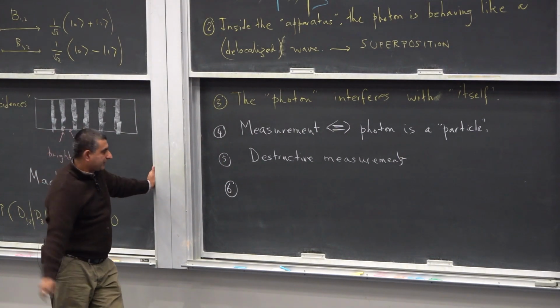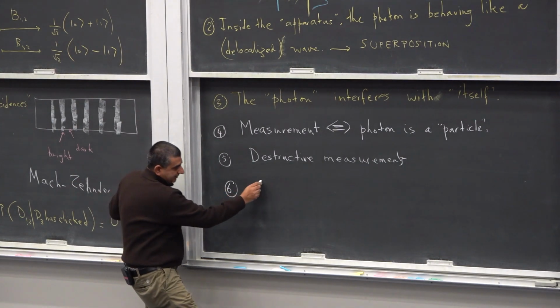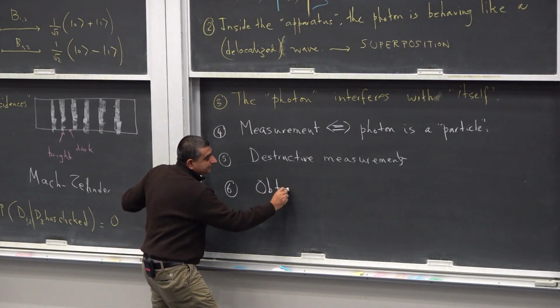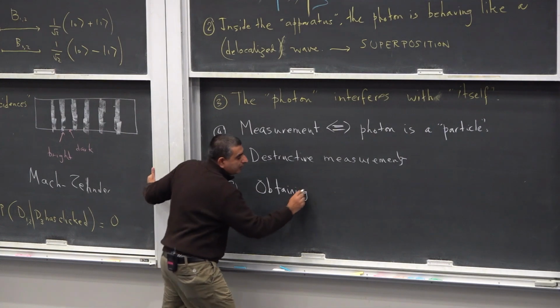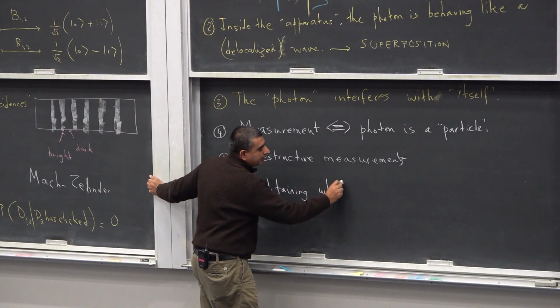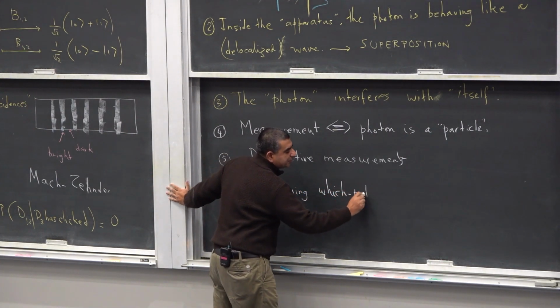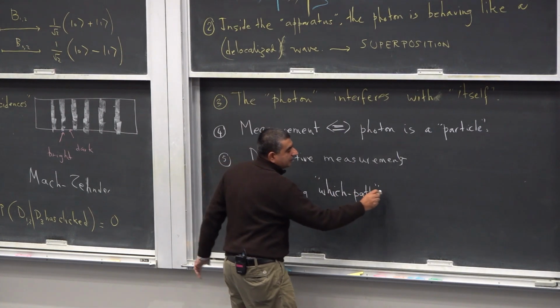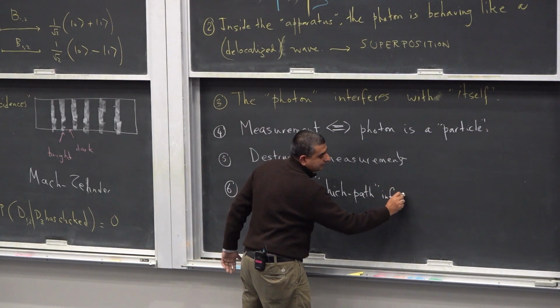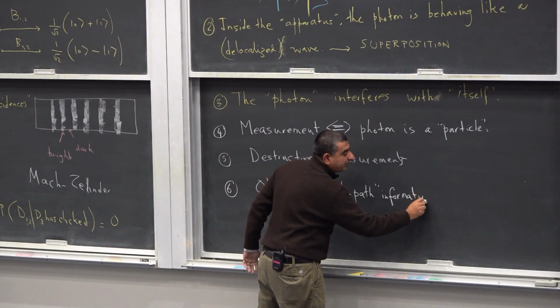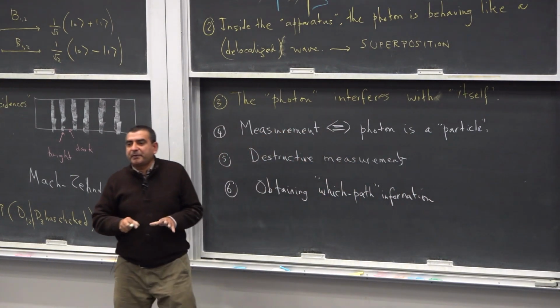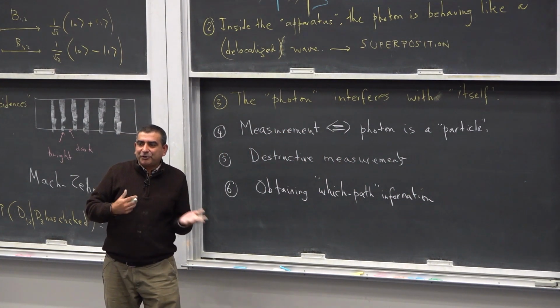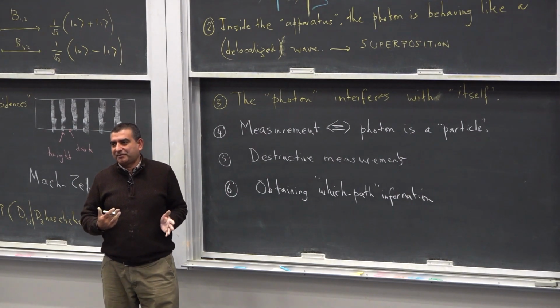Let me finish and I'll take questions. So obtaining, generally they use this word, which path information. Obtaining which path information precludes interference patterns.